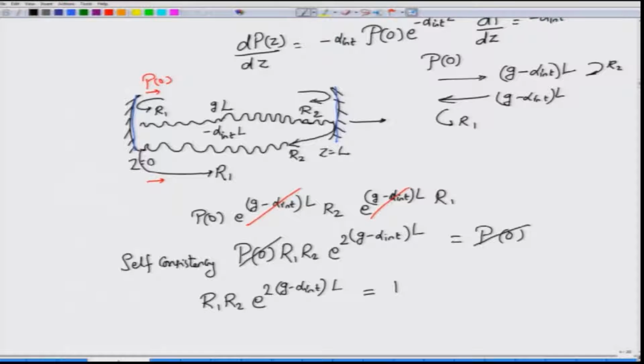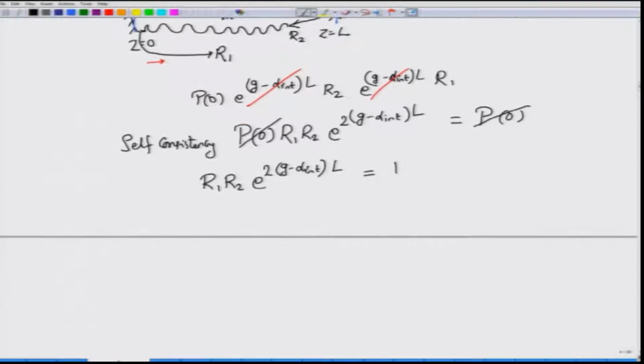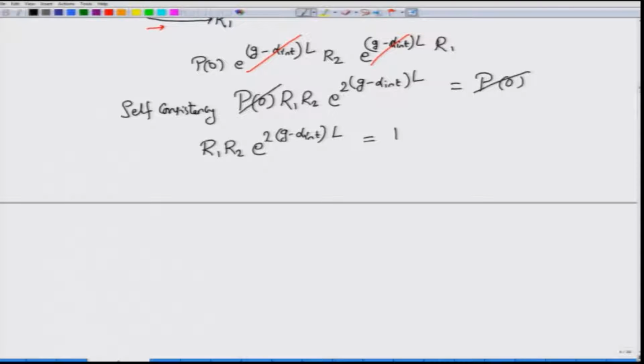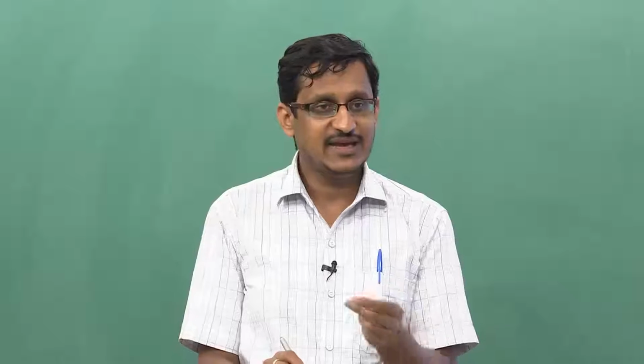This is the self consistency requirement, and you need to really satisfy this particular condition. Of course, here you might also observe that you can't let g be less than alpha int, then it will not be satisfied. So you want g to be greater than alpha int. In other words, the gain of the medium has to be larger than any intrinsic losses.